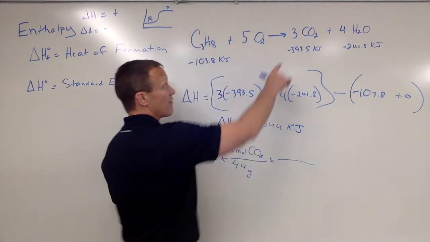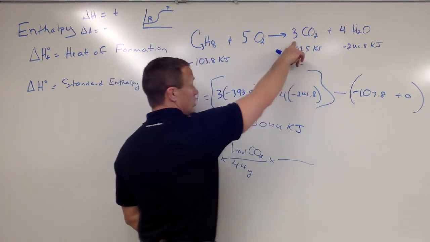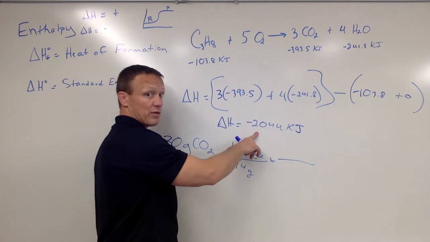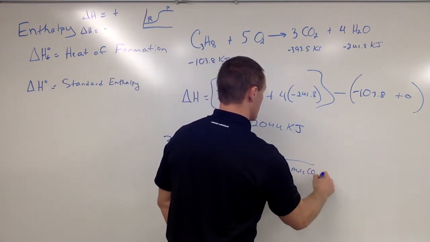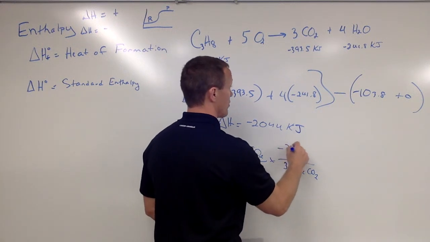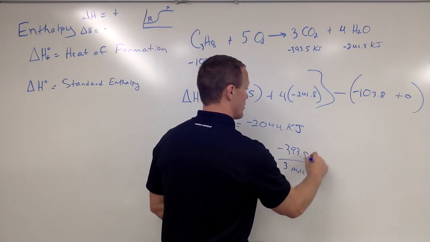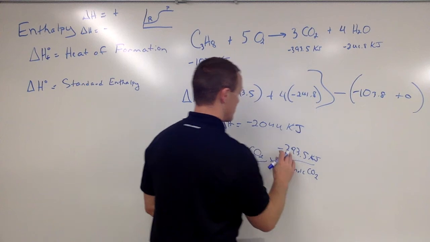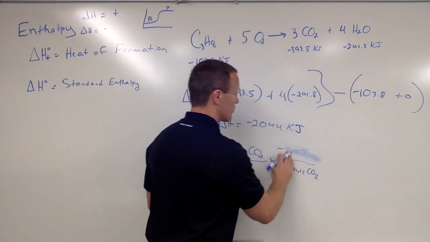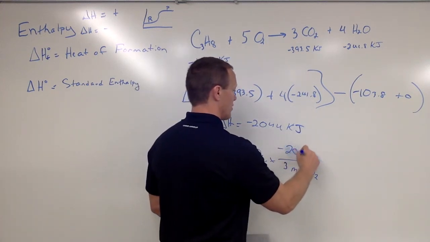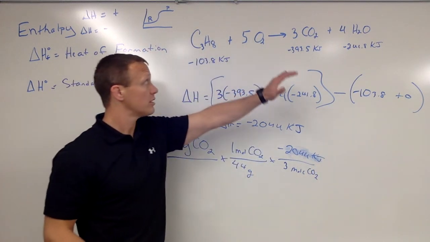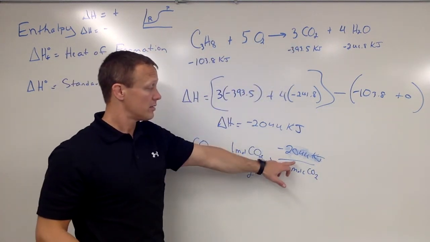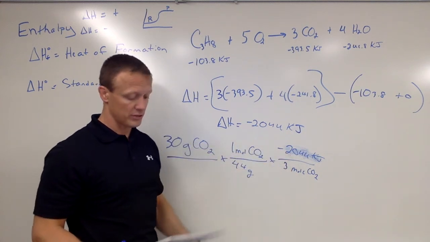And then just say that for every 3 moles of CO2, there's that much heat released. I'm sorry, not negative 393, that's the heat of formation part. There's negative 2044 kilojoules of heat released. So in this reaction, if 3 moles of that were made, that much heat is released.